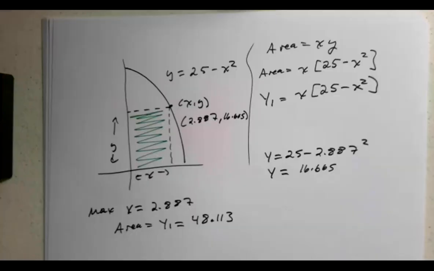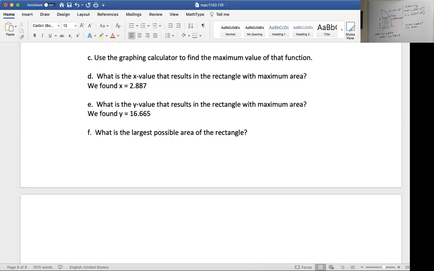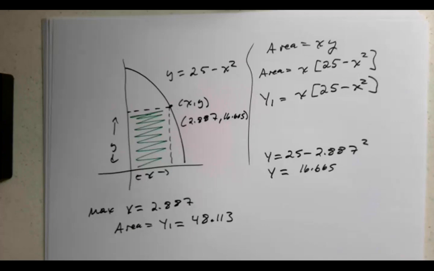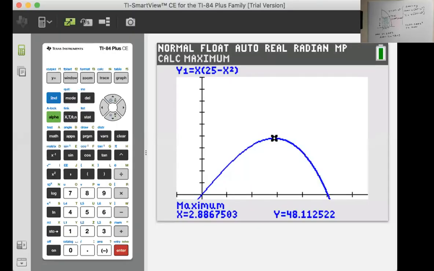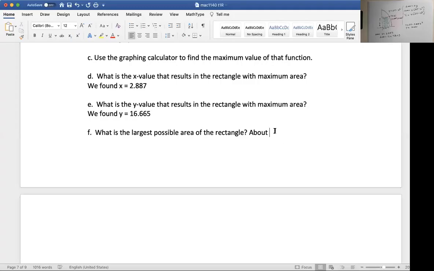But there's another way we can find that or check it. We say that was again about 48.11. But let's take a look at my picture.